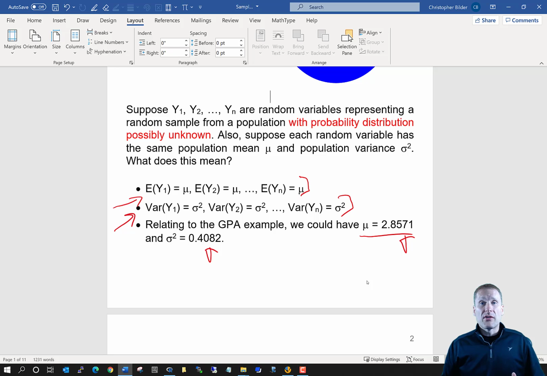The whole goal of statistics basically is to take the sample from the population and then make inferences or judgments about the population. I'm just stating these numerical values here as a way to help you see what's going on, that in fact each of these individuals has the same mean and same variance. Okay, let's move on.